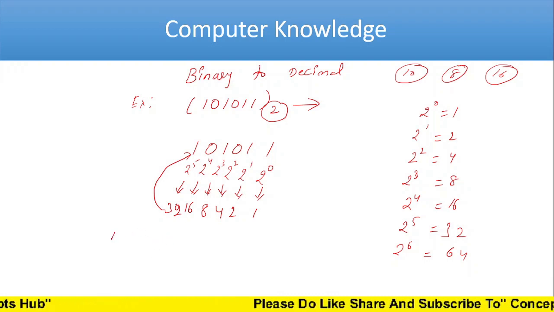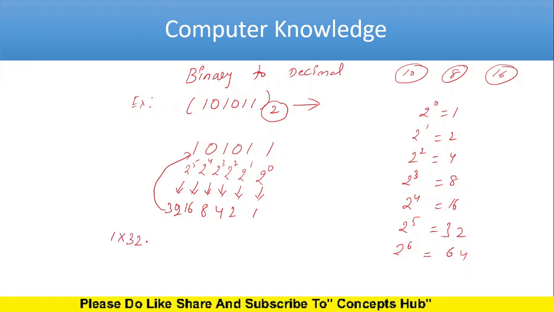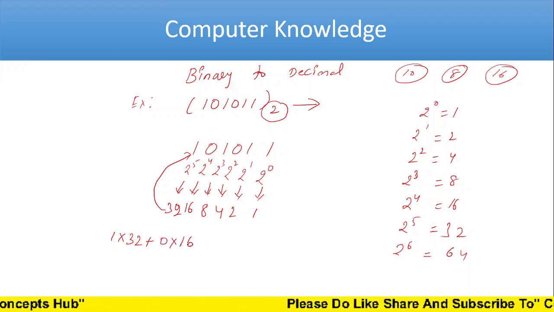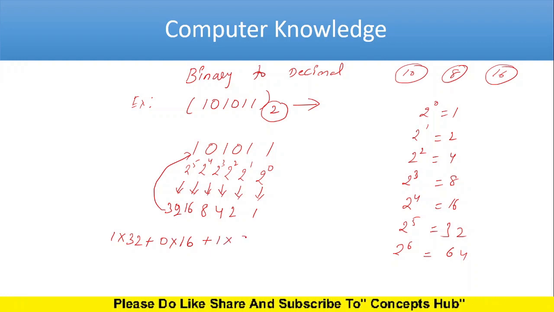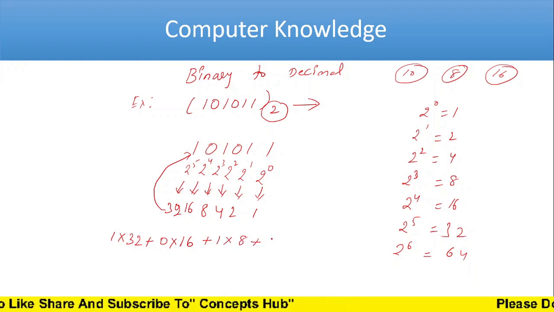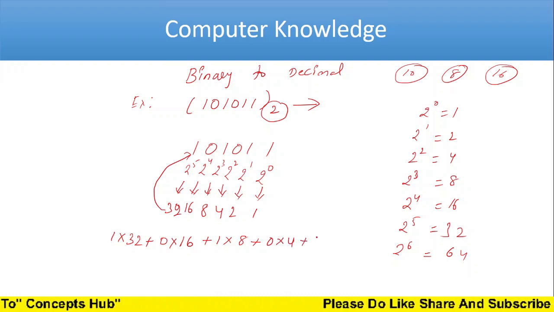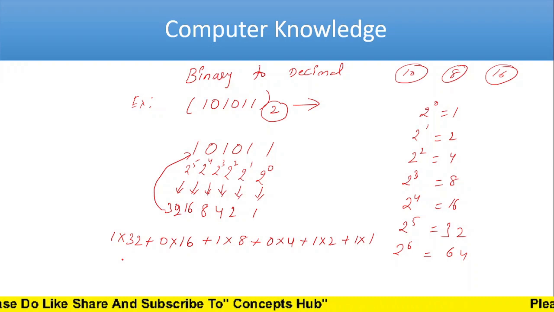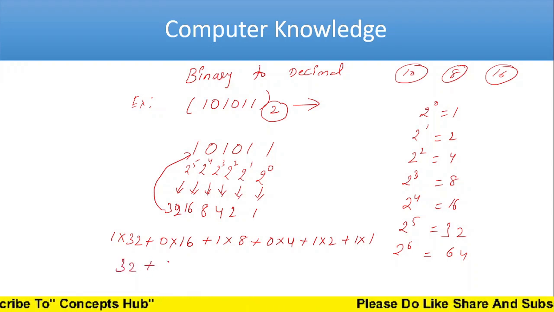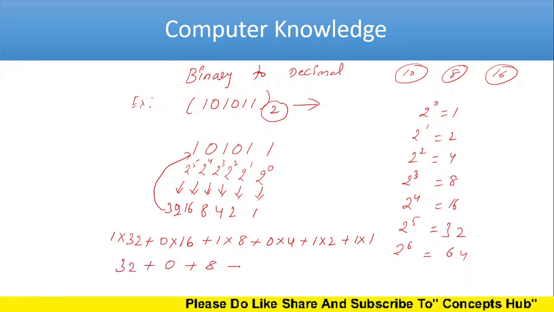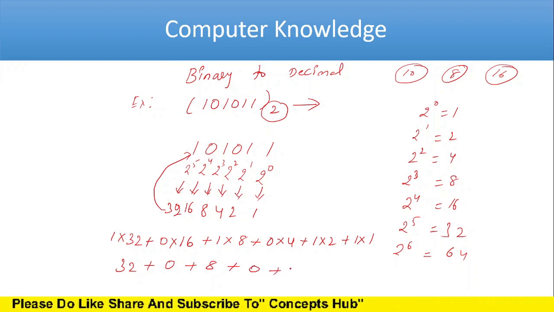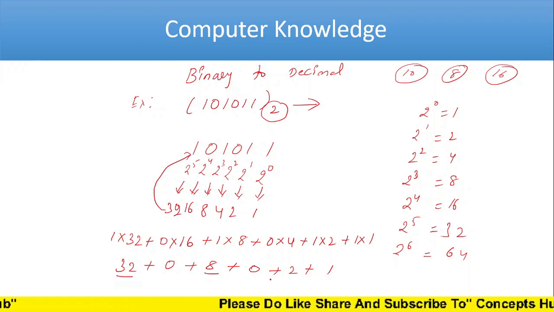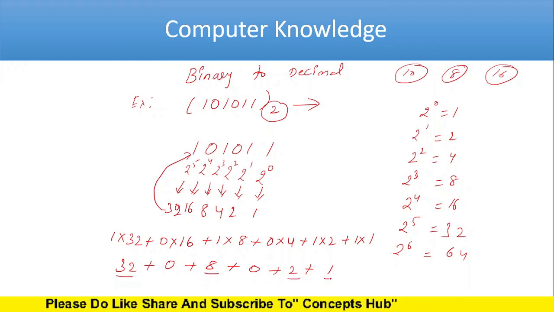So 1 into 32 plus 0 into 16 plus 1 into 8 plus 0 into 4 plus 1 into 2 plus 1 into 1. So 1 into 32 will get 32 plus 0 plus 8 plus 0 plus 2 plus 1. So 32 plus 8 is 40, 40 plus 2 is 42, 43.